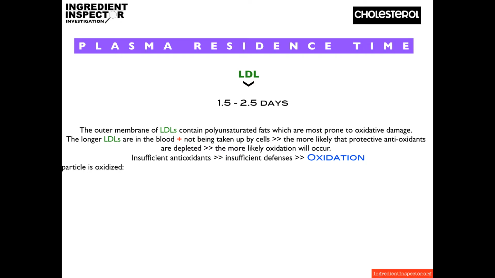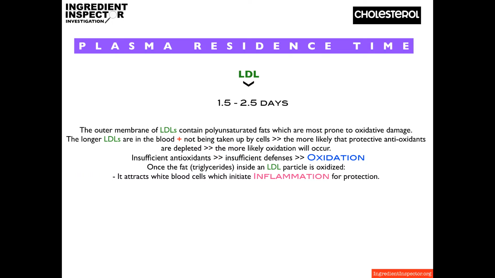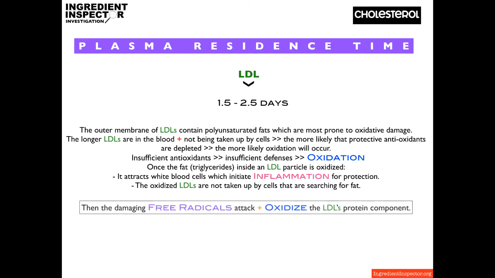Once the fat or triglyceride component inside an LDL particle is oxidized, it attracts white blood cells, which initiate inflammation for protection. Also, the oxidized LDLs are not taken up by cells that are searching for fat. Then the damaging free radicals attack and oxidize the LDL's protein component.